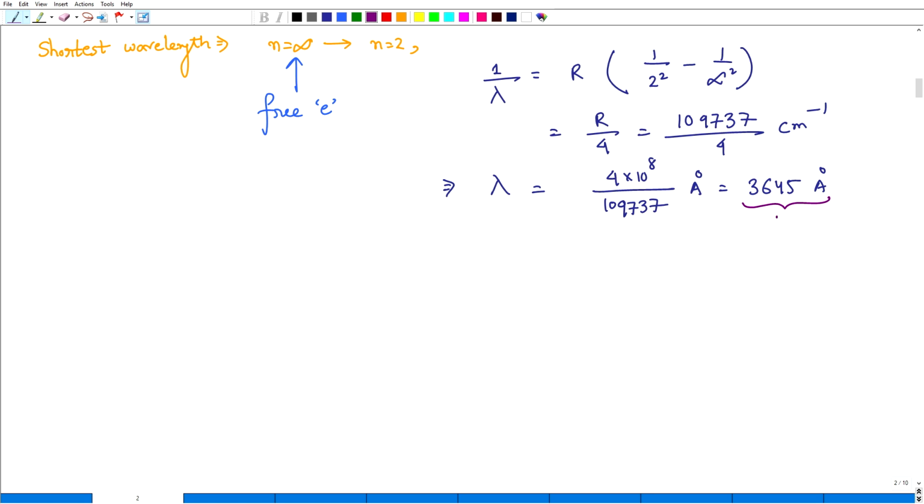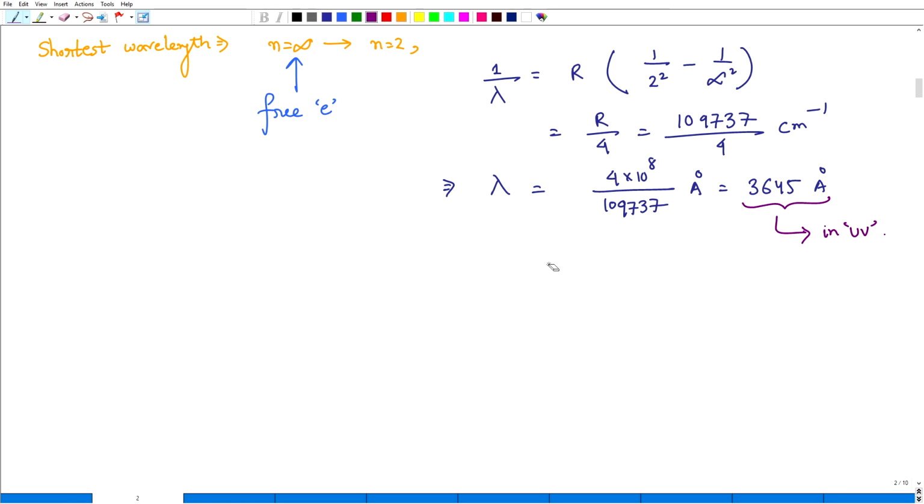So you can see this value does not lie in the visible range, it's actually in ultraviolet. Generally, the visible Balmer series corresponds to the lines which remain in the visible range, but here we are considering the transition from n equals infinity to n equals 2. That does not mean the visible range, because a transition from n equals 7 to n equals 2 gives us the line in the violet range, the lowest part of the visible range.